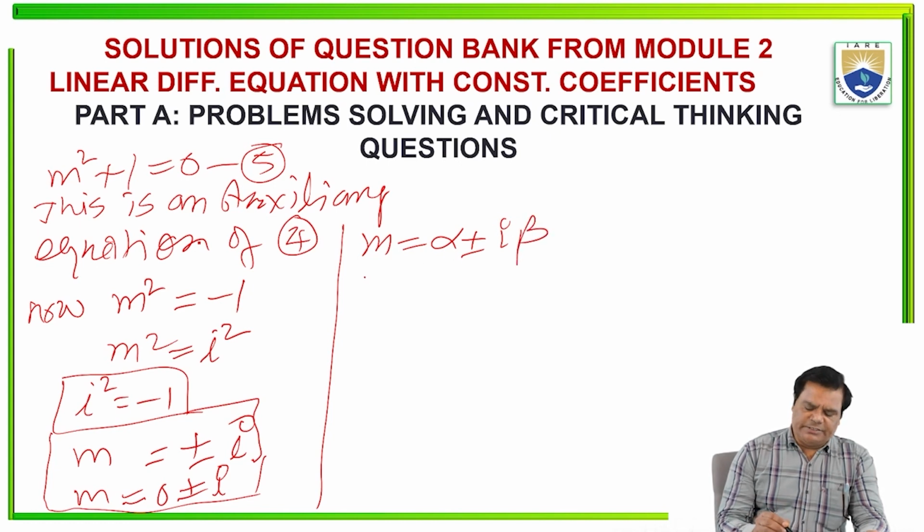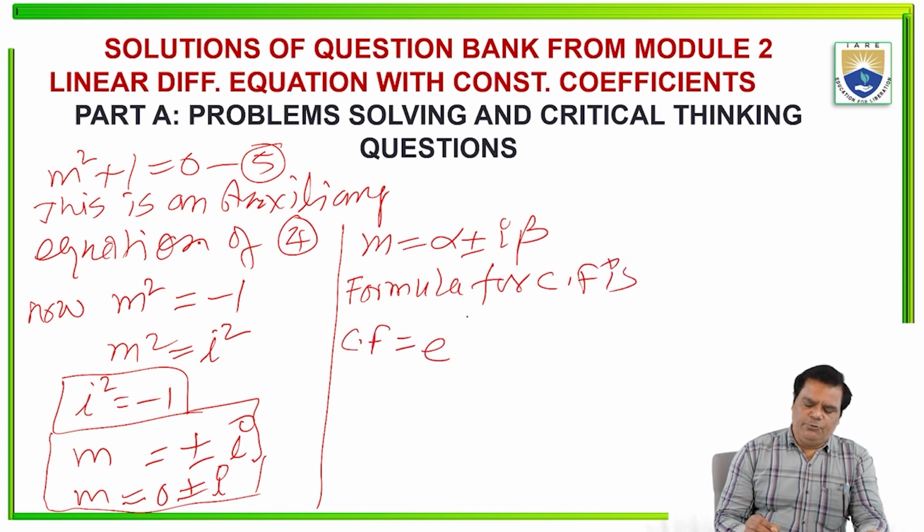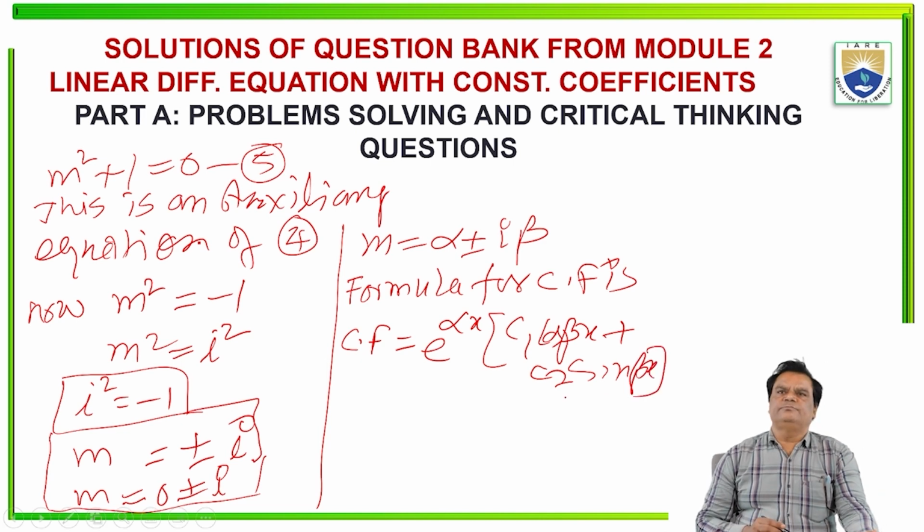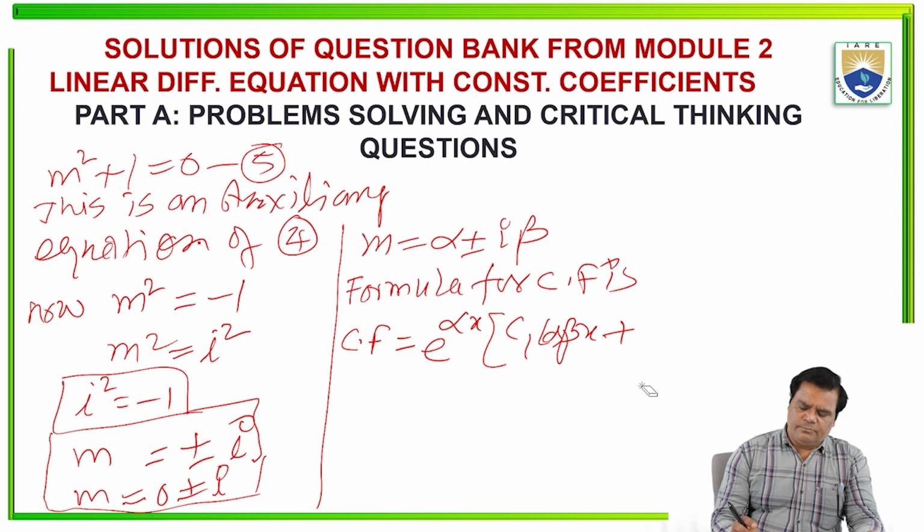Now the formula for the complementary function is CF equals e to the power alpha x (C1 cos beta x plus C2 sin beta x).